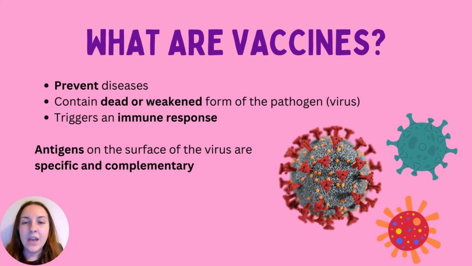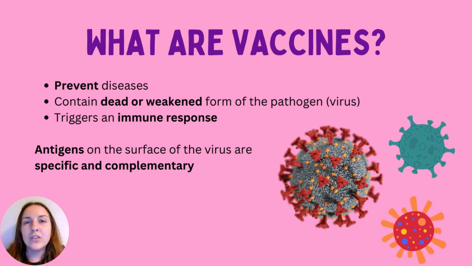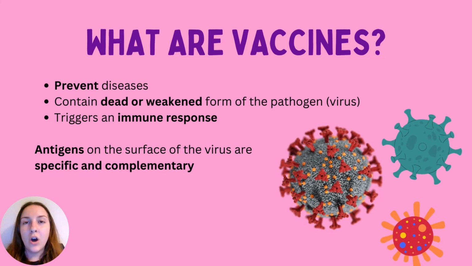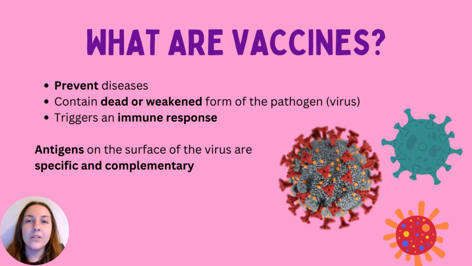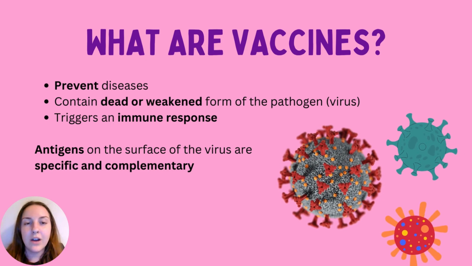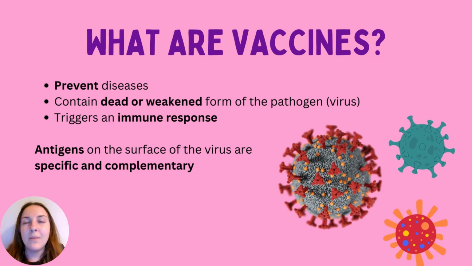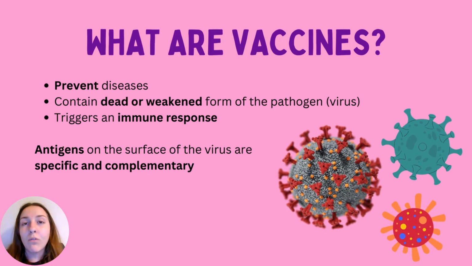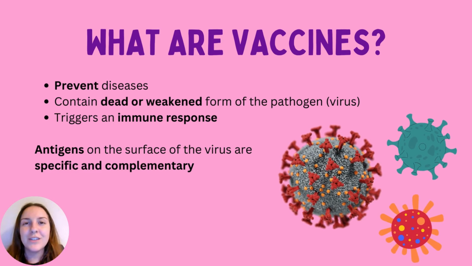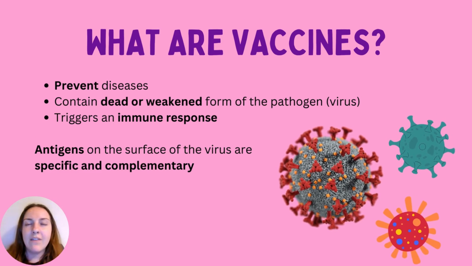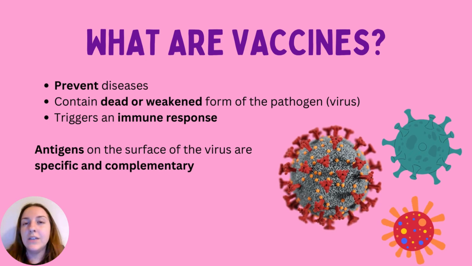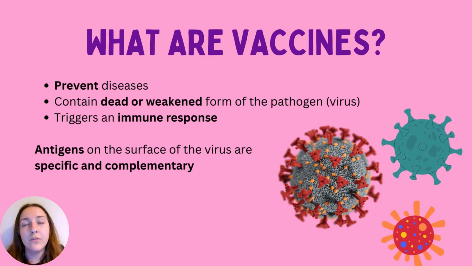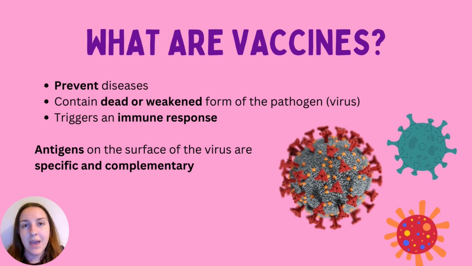in the exam. Remember that those antigens on the surface of the virus are specific to that virus. So for example, we've got 3 different viruses here. You can see that might be the HIV virus, the influenza virus, and the measles virus. All 3 viruses are different to one another and therefore will require different immune responses in the form of different antibodies being made.